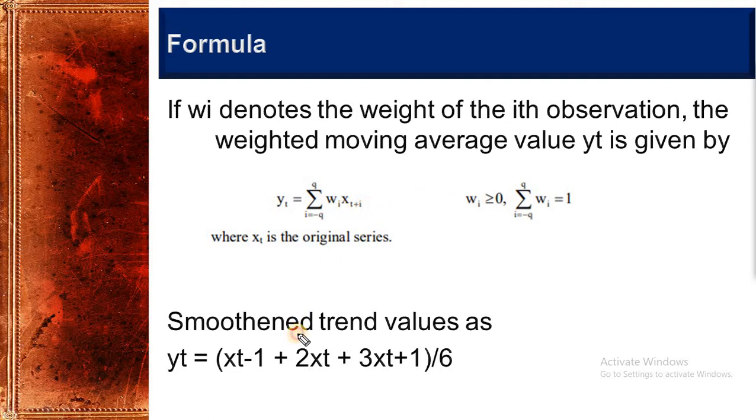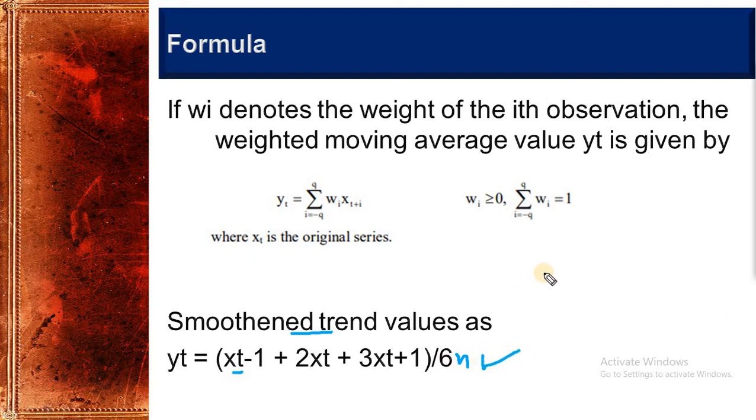And finally we will get the smoothed trend as follows: the first observation multiplied by 1, plus the second observation multiplied by 2, plus the third observation multiplied by 3, and so on, divided by 6, where 6 is simply n, the number of observations. In this problem I am going to consider 6 observations, that's why I have taken 6, otherwise it will be n. When we apply this formula, we will get a new time series.